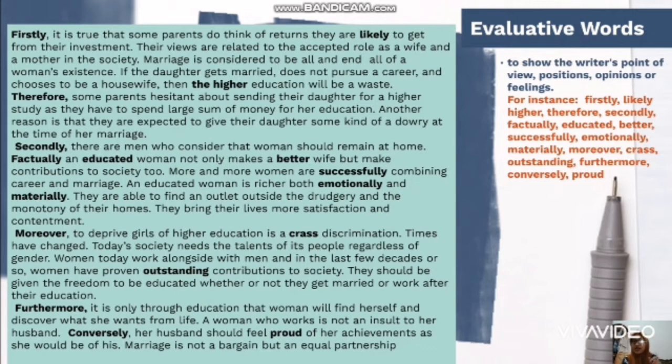As you can see here, in the big aqua blue box, there is firstly, likely, therefore, secondly, factually, educated, better, successfully, emotionally, materially, moreover, crash, outstanding, furthermore, conversely, and proud. That's the example of evaluative words.